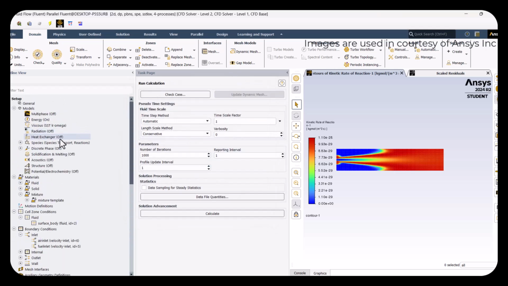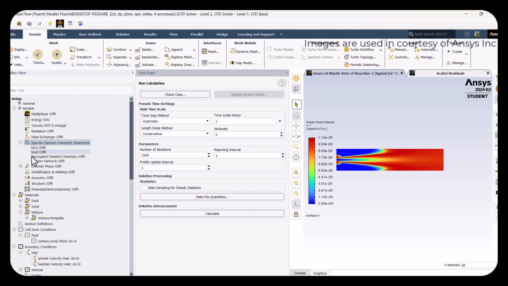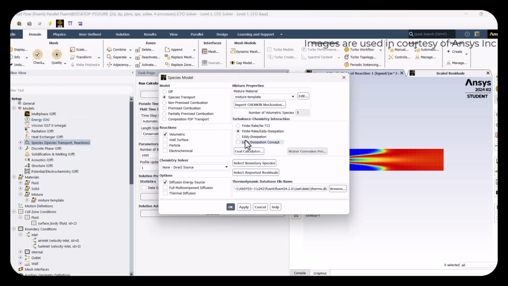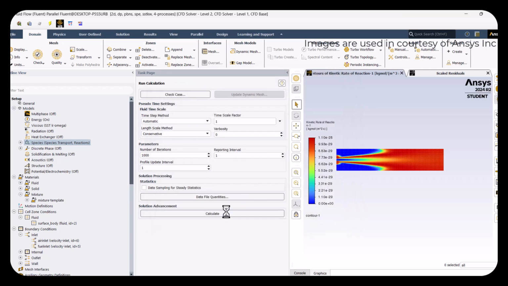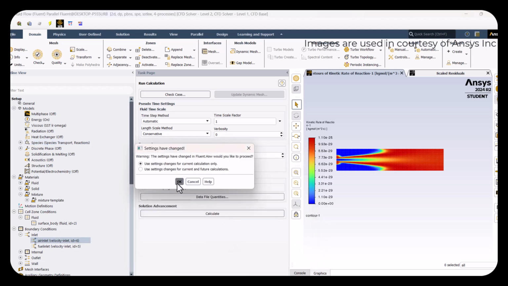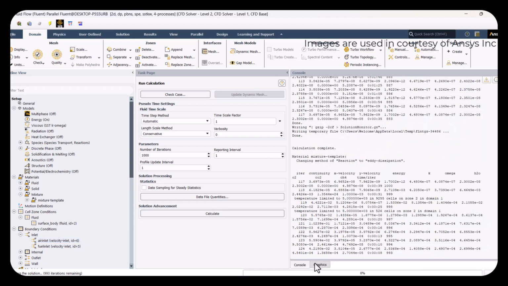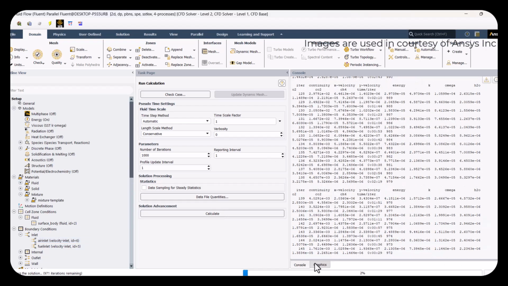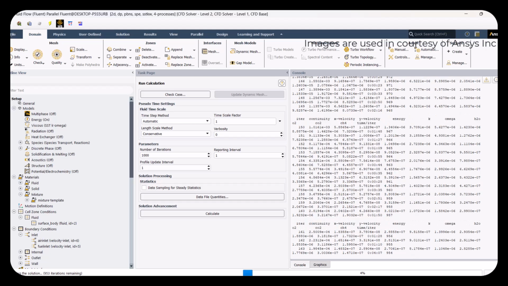Okay, so now if you again turn and go to the Eddy dissipation model instead of Eddy dissipation or finite rate, then you can see a huge amount of reaction, because even though the temperatures are low, the reaction happens only due to the turbulence, right? So that pronouncedly increases the reaction rates.